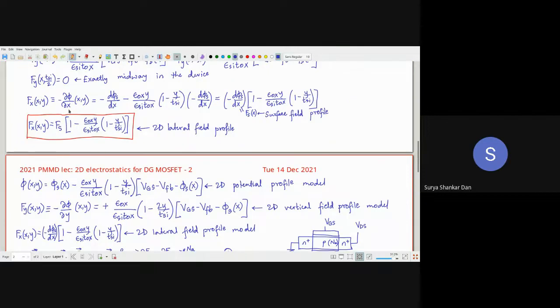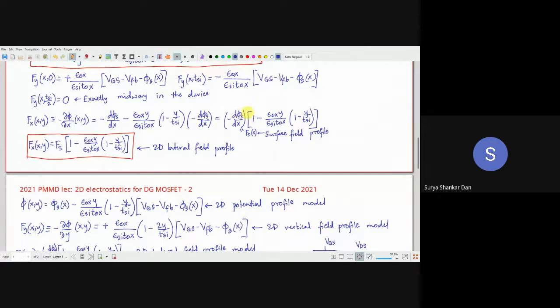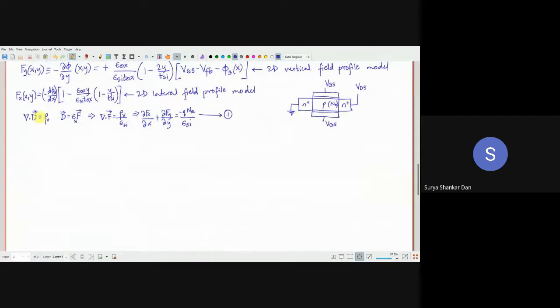That's what I showed over here in the previous lecture. So del Fx del x is equal to, notice that the only x dependent term is here itself, so it becomes minus d2 phi s dx square. The rest of the terms remain the same, so I'll just simply copy from here.